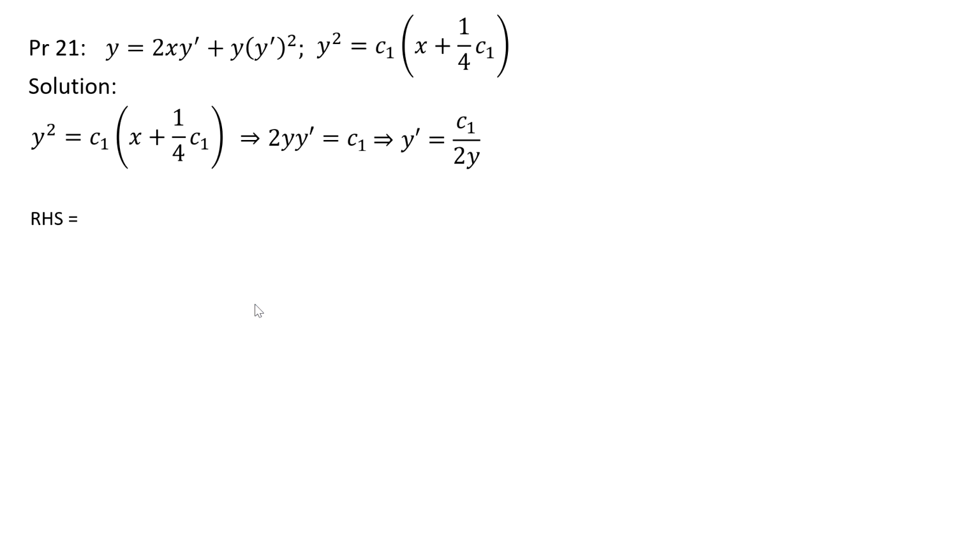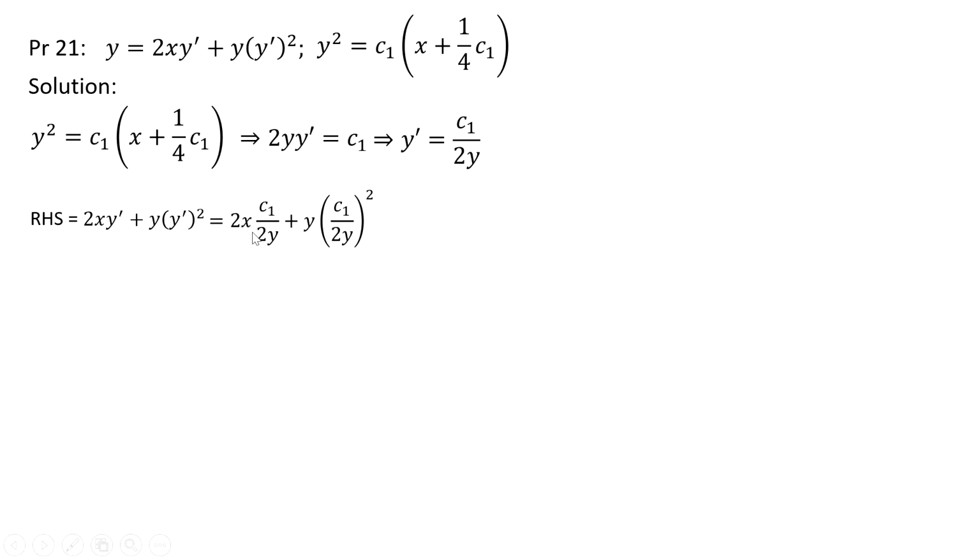For this, you got to be clever sometimes. The right hand side is what I picked. Right hand side is 2xy prime plus y times the quantity y prime squared. Cool. Now, can we plug in the y prime that we got when we differentiated the solution?